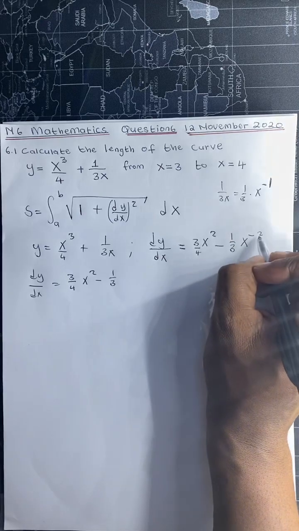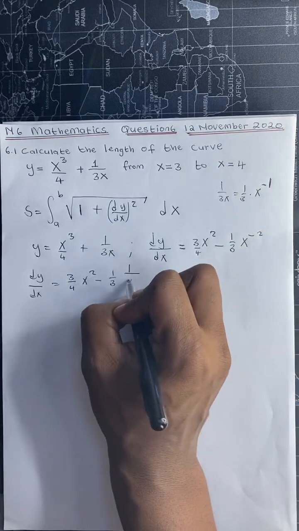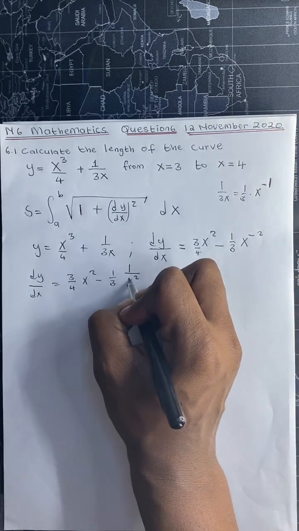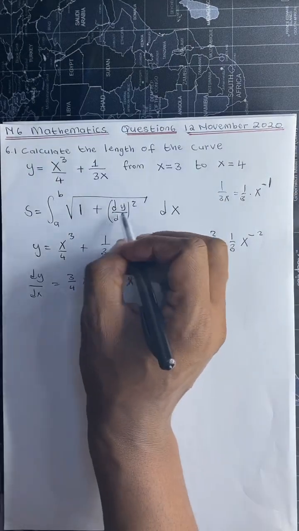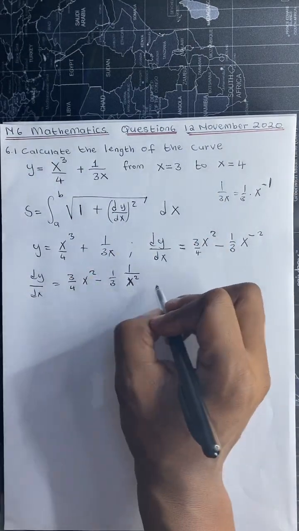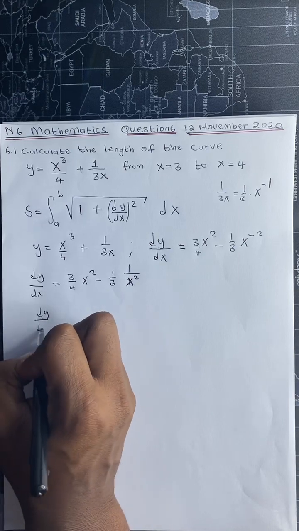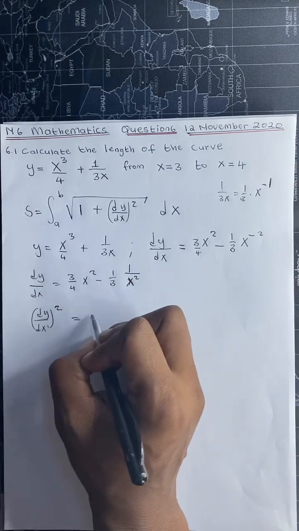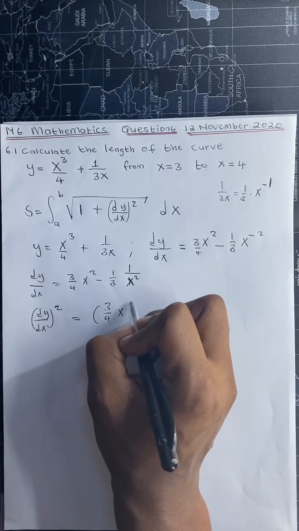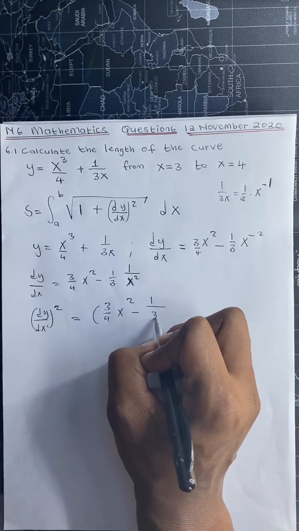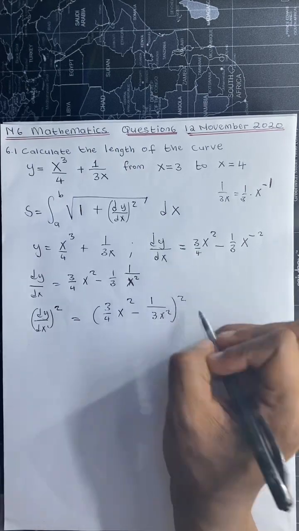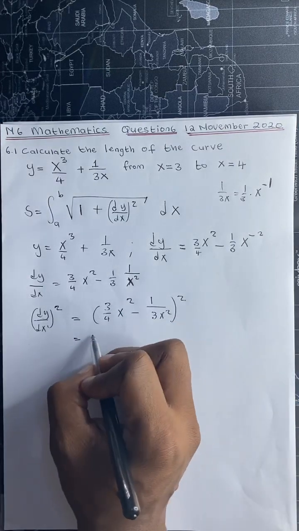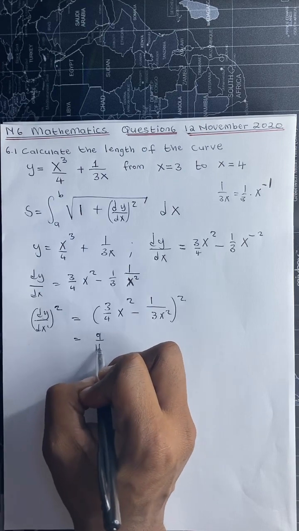So we write that x to the power negative 2 as a denominator, and the exponent is going to change sign from negative 2 to positive 2, and we have to square this. So dy over dx squared, the square of this: 3 over 4 x squared minus 1 over 3x squared, will be equal to, so we square this first, so we have 9 over 16.